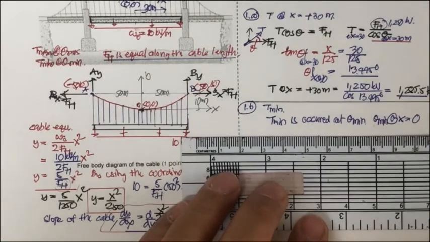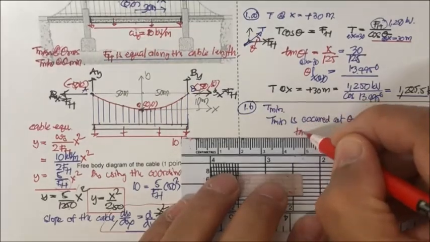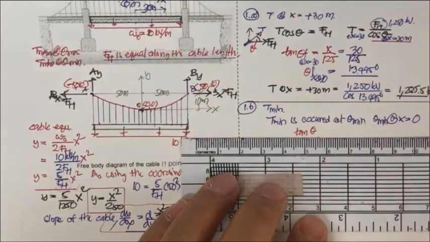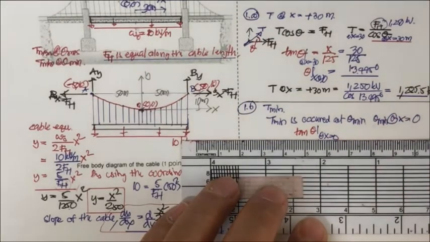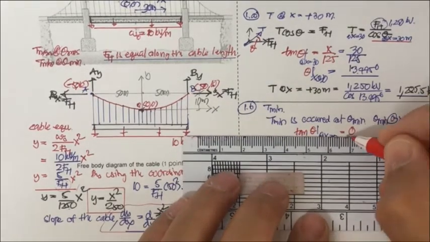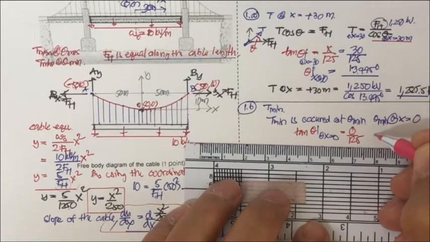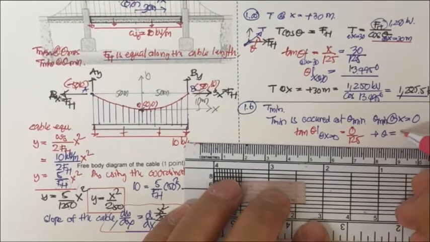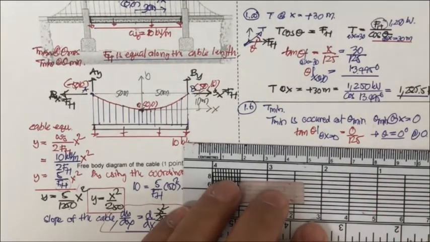If you prove this, you may see tan theta at x equal to 0 is going to equal 0 divided by 125. So the theta is going to be 0 degree, and this is going to occur at point O, the origin, because x equal to 0.